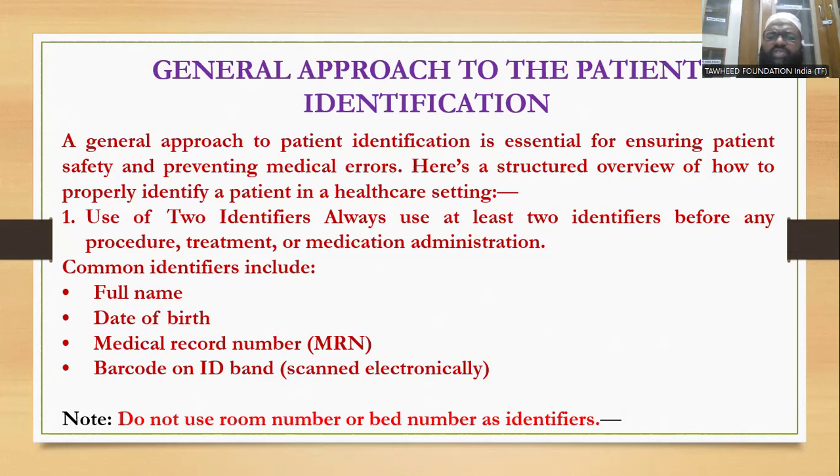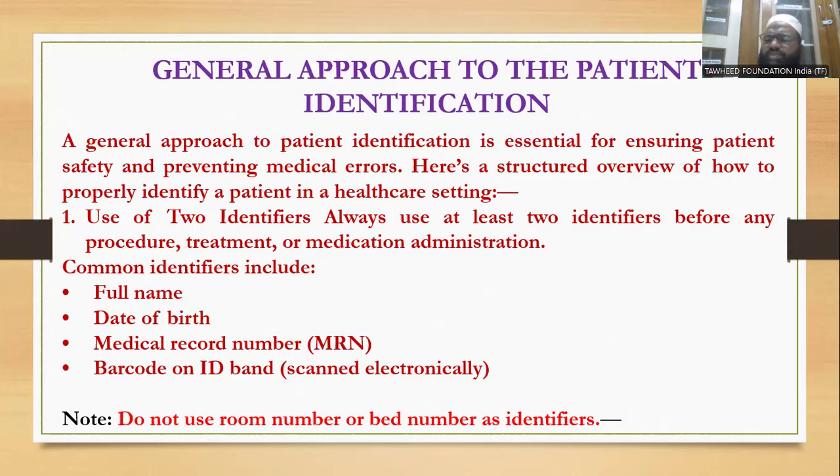So how are you going to approach, and why do we need to identify the patient? To ensure patient safety and prevent medical errors. Here is a structured overview of how to properly identify a patient in a healthcare setting. One, use two identifiers.